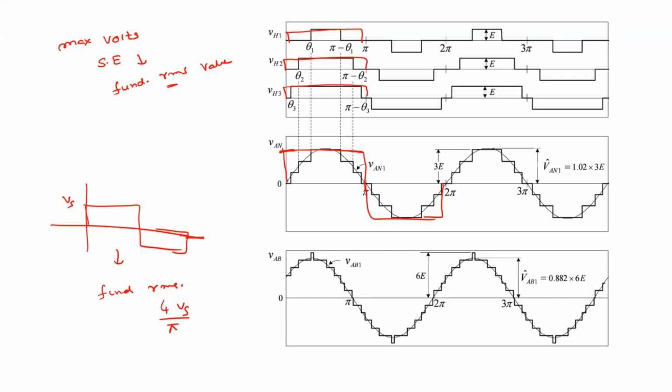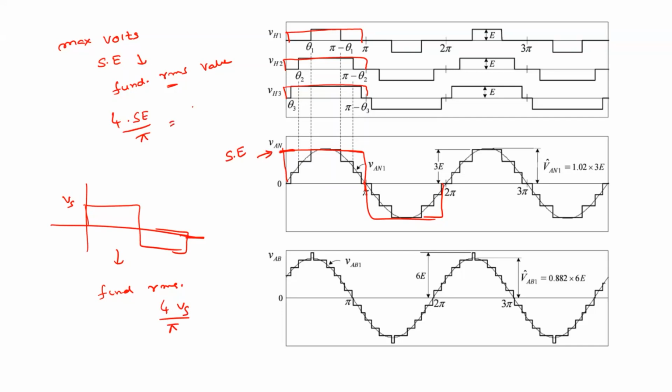Agree? Understood. So here, what is the value of this one? This is S into E, where S is the number of H bridges. What is the maximum fundamental here? 4 into S into E by pi. Agree?